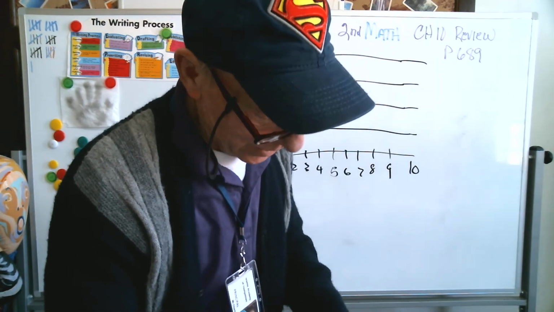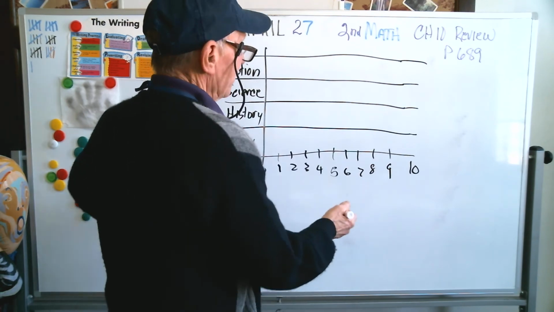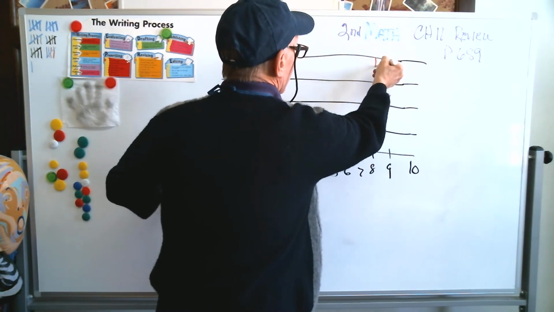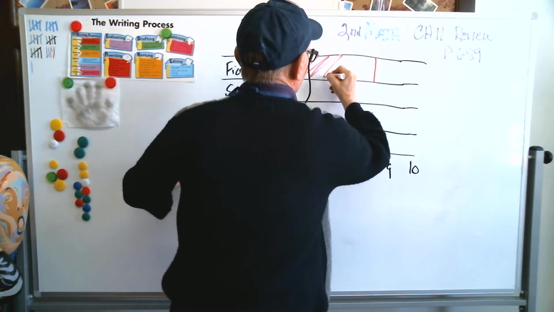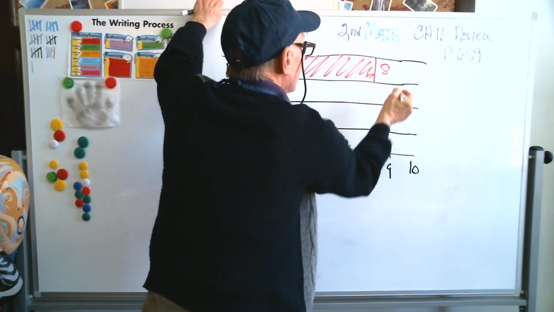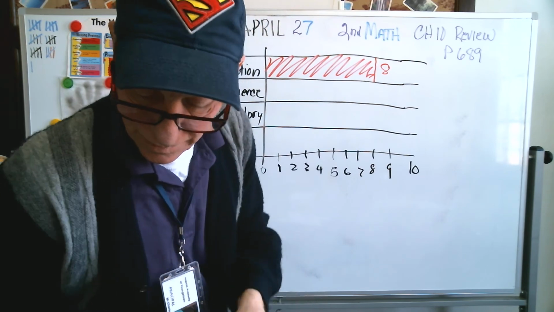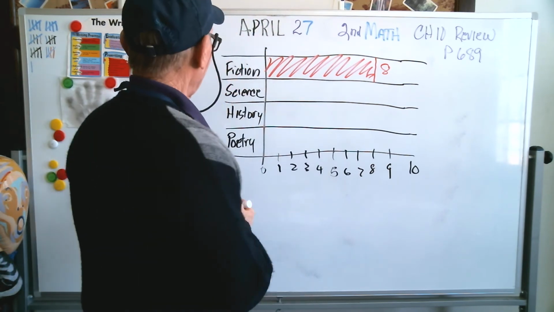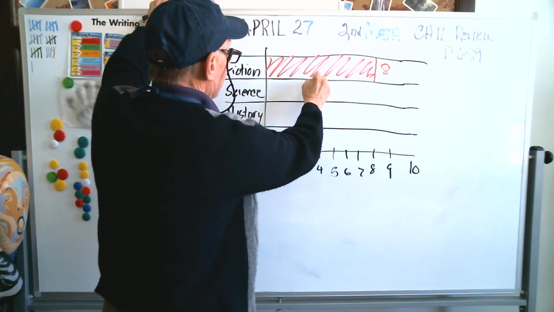We have 8 children who chose fiction. So we come to our 8, and our bar is going to look just like that for 8. 4 children chose science. So we're going to find a 4. We're going to come up directly above the 4.